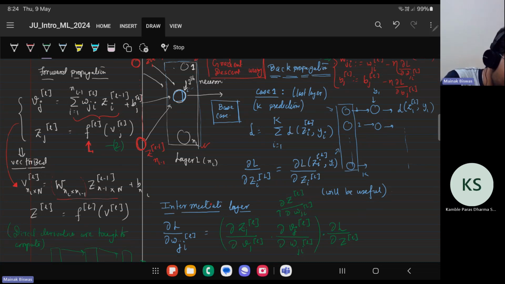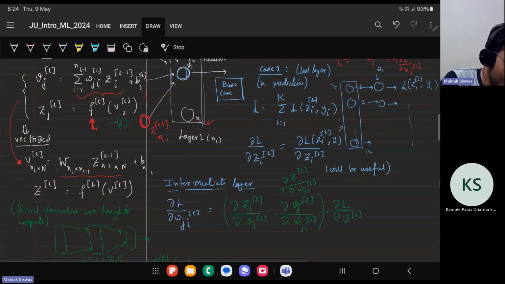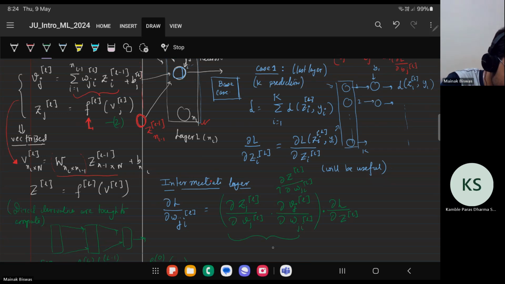This is the idea of backpropagation. This is also known as the local gradient, and this is what is propagated from the back, propagated from the future layer, not next layer.